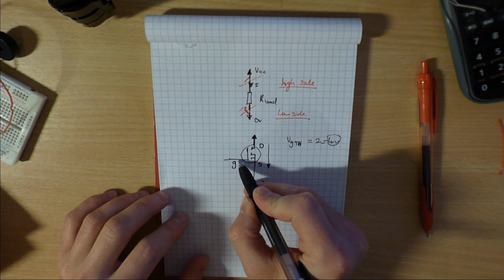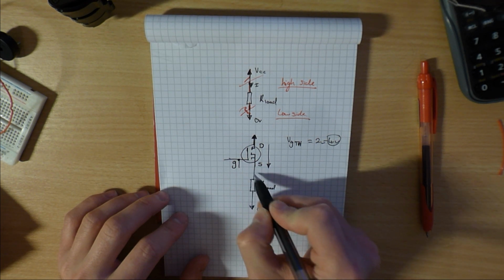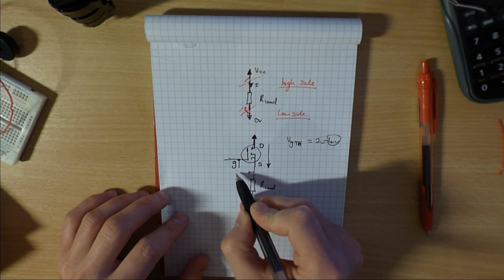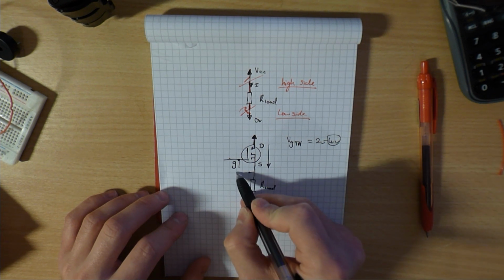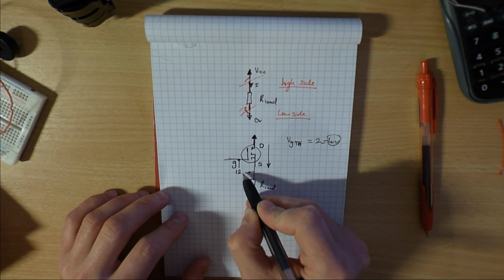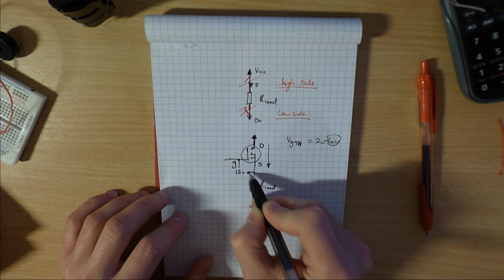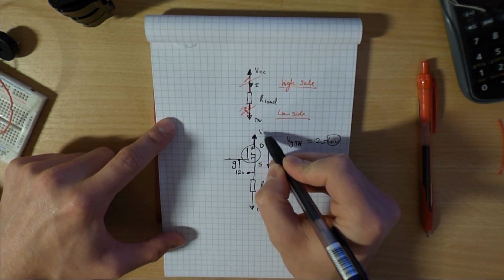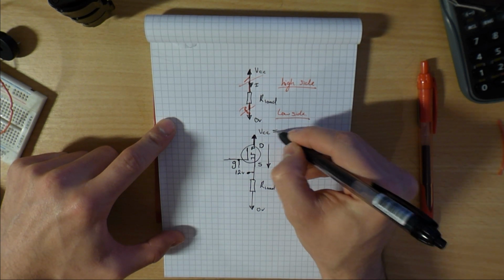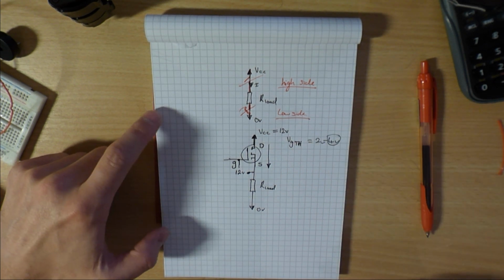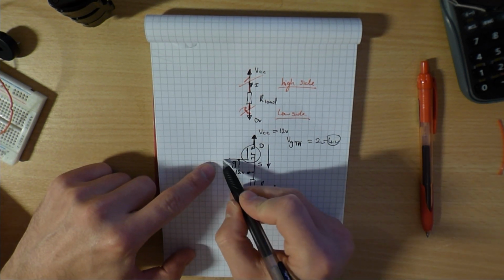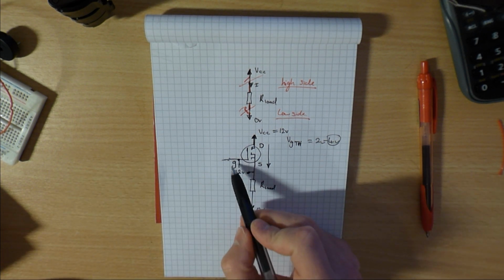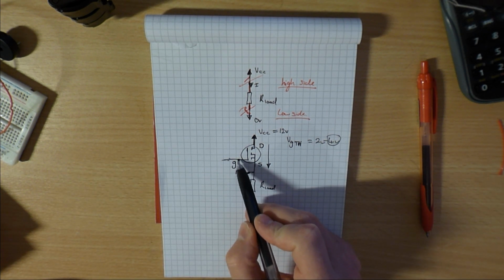So what we're saying is we need to apply between the gate and the source a voltage of at least 4 volts. So I'll say we want to drive this at 12 volts. Okay? Now where is that 12 volts going to come from? So this is at VCC potential.